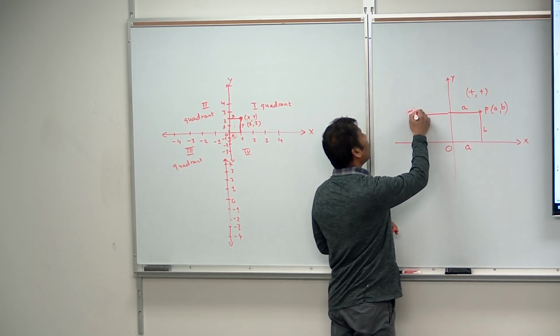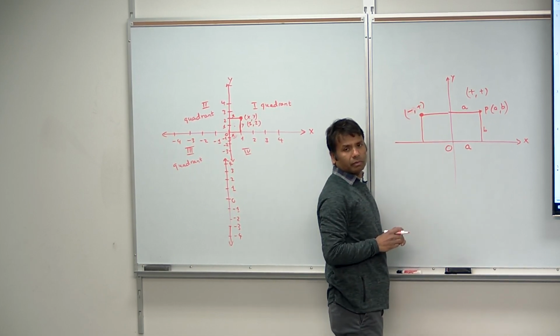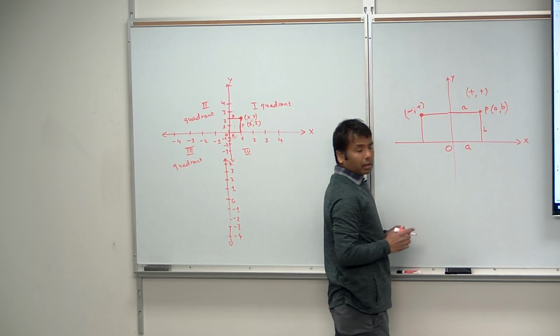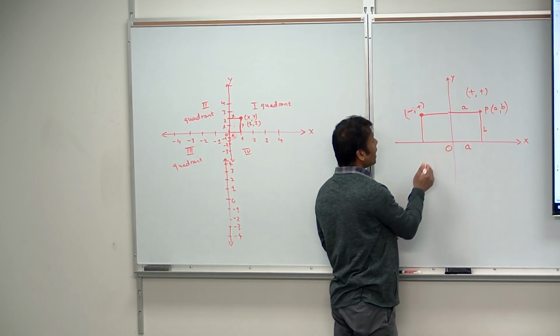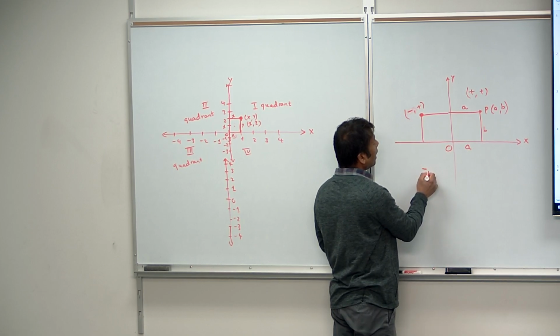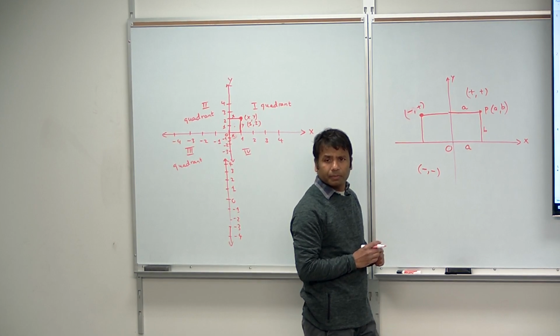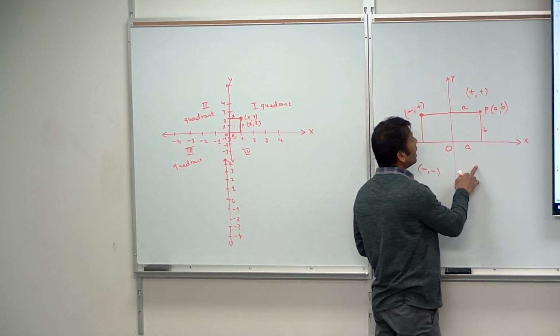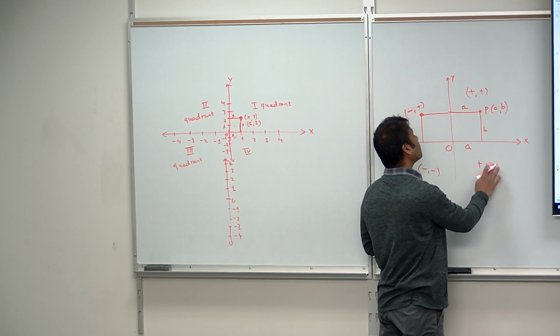And then the y value will be positive. That makes sense? If you have a point in the third quadrant, you see the x value will be negative and the y value will also be negative. Are you with me? And in the fourth quadrant, your x value will be positive and the y value will be negative.